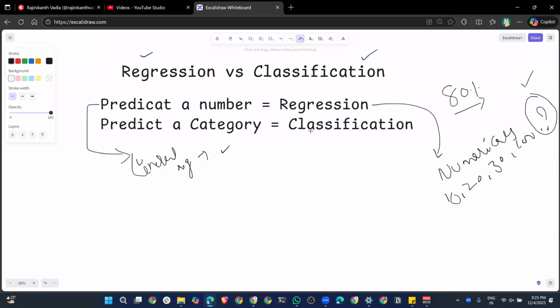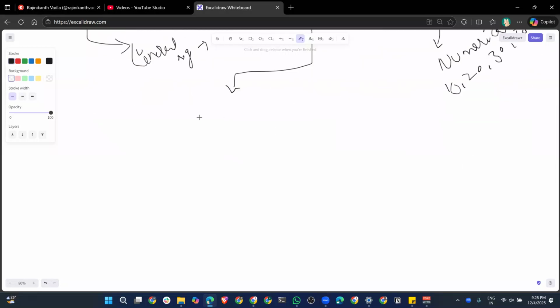And then coming to the classification side. Classification is something like yes or no, or like cat and dog. You are just trying to find out the category.